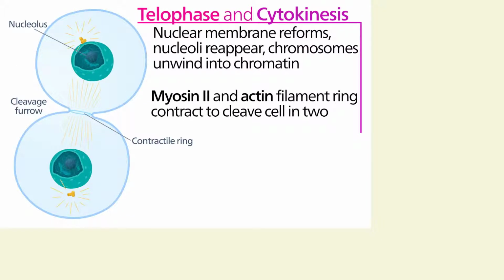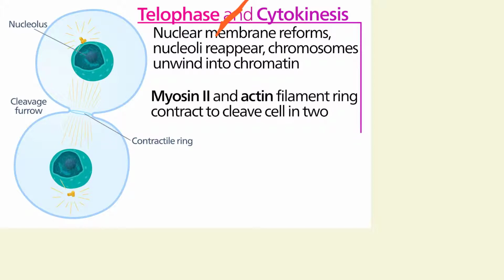And this diagram here has these final two stages together, but I'm going to talk about them separately. Telophase, the chromosomes begin to uncoil and form chromatin, so they start separating again. So again, we're going to break these up into two different parts.